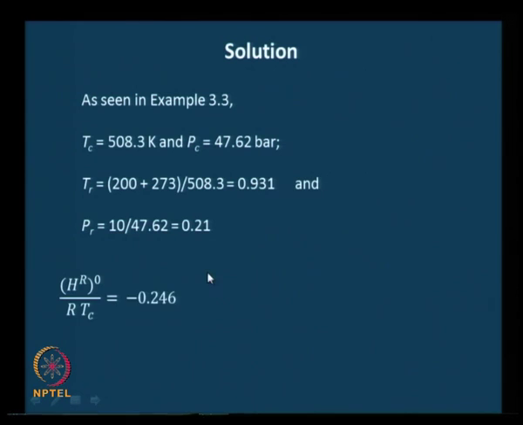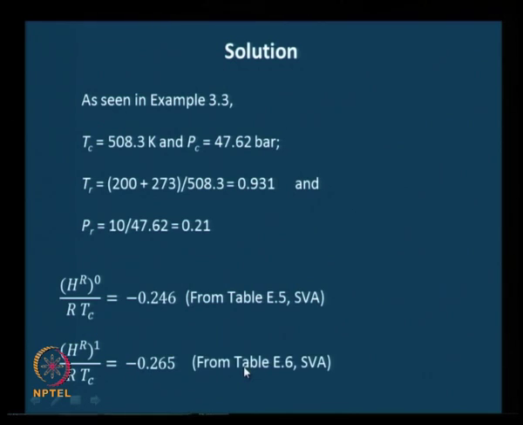Going to the tables in the appendices of the textbook, the value of HR0 by RTC will be minus 0.246 from table E5, and the value of HR1 by RTC would turn out to be minus 0.265 from table E6.